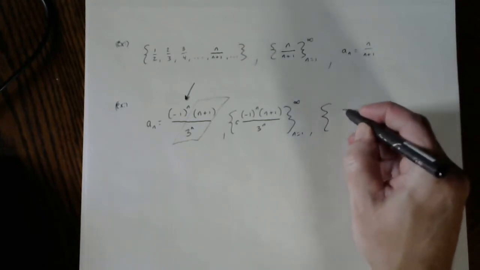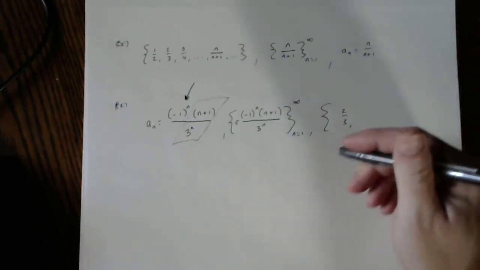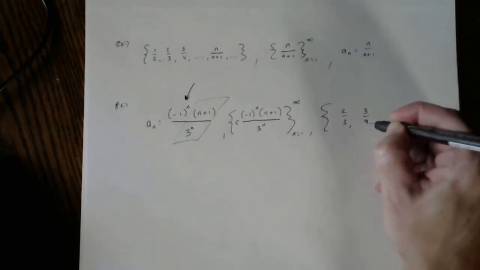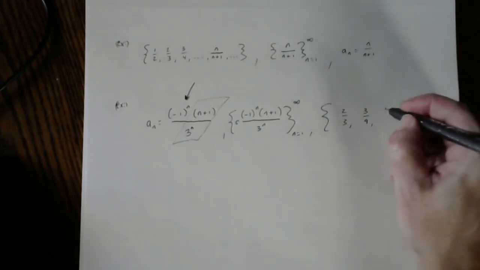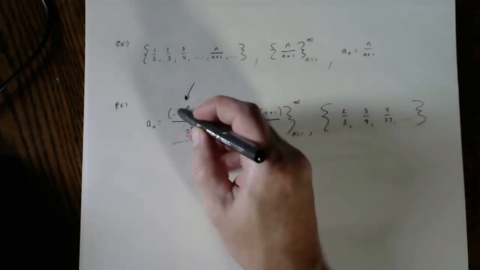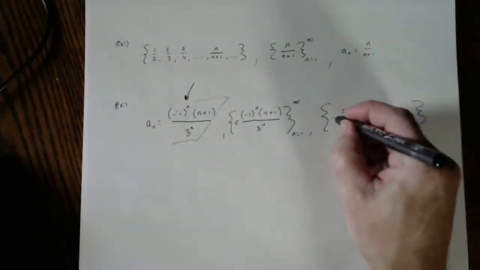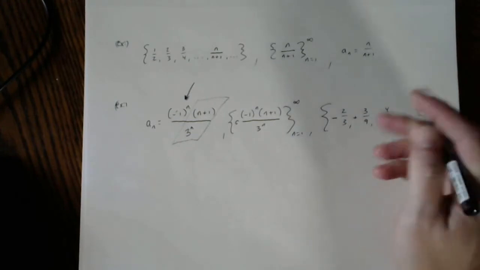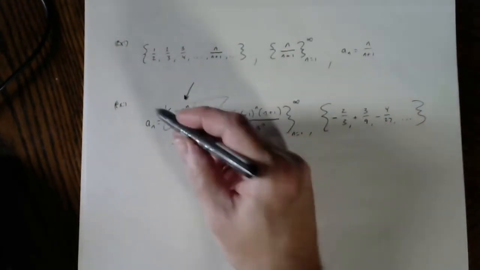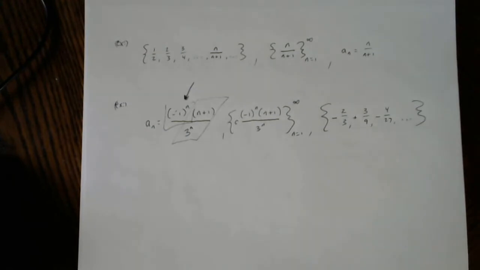So I'll have 2 over 3 to the 1, right? And then I'll have 3 over 9, 4 over 27, etc. But this thing is alternating the sign. And since I'm starting at 1, I'm going to start with a negative. Then the power is 2, that's a positive. The power is then 3, also a negative. So you'll see this is very common, the alternator. You're going to see that quite often.